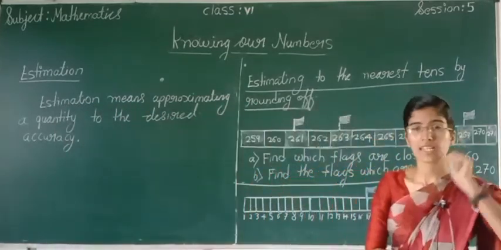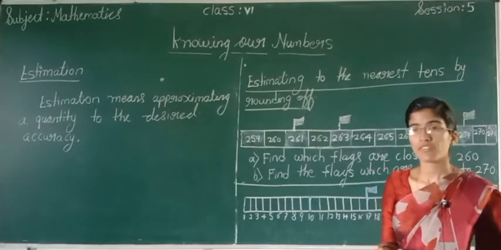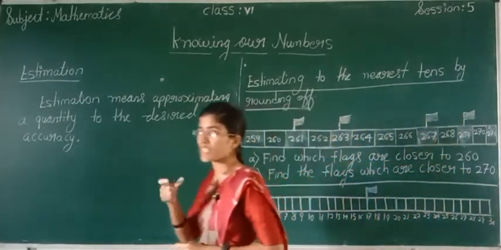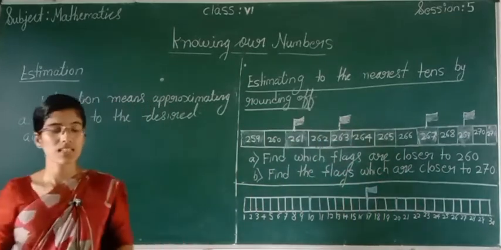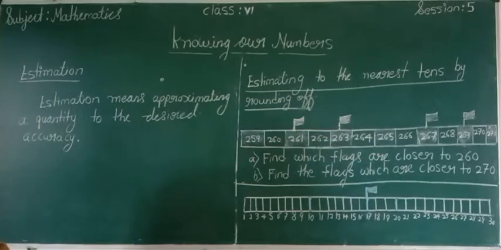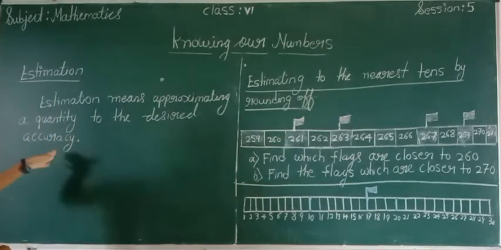You are not telling exactly, right? Whatever you are telling approximately, not exact you are telling, right? That is nothing but an estimation. Okay. What is estimation? Estimation means approximating a quantity to the desired accuracy.